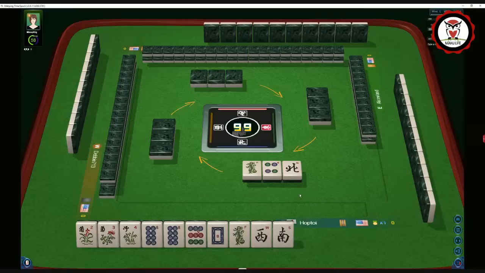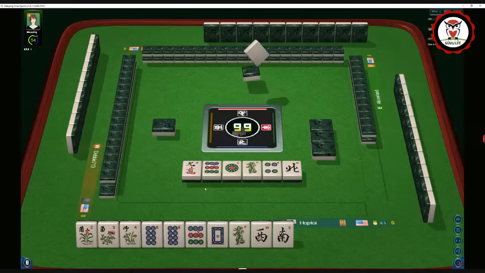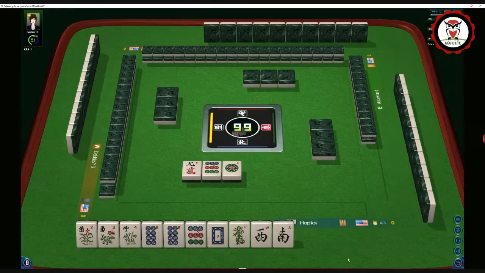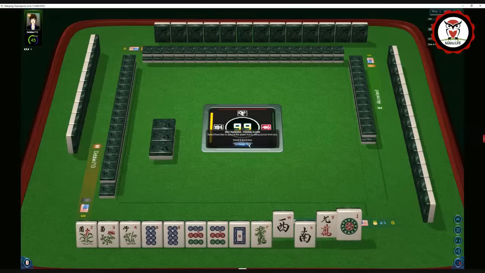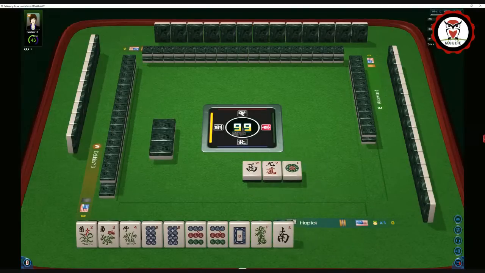We can do 8, 9 flowers. We have an extra flower. We got the 9. 2 9s actually. Okay, so we're going to do 1, 9 west. 8, 9 dragon. We'll let a flower go later. 3rd hand down under consecutive run. Maybe.